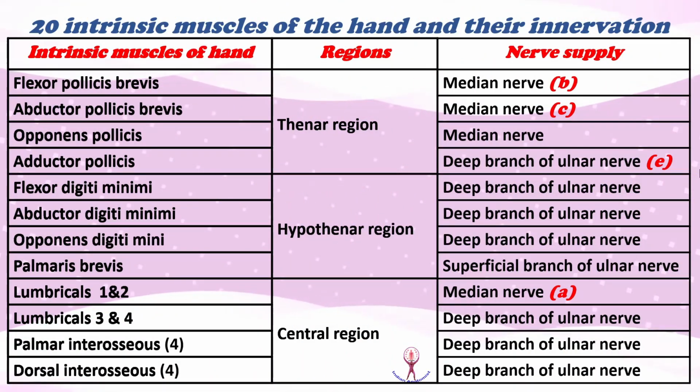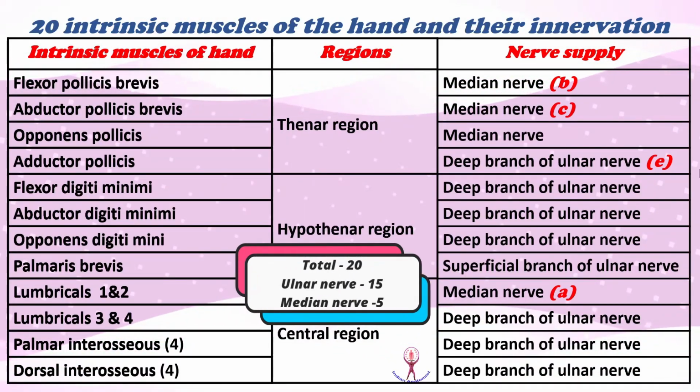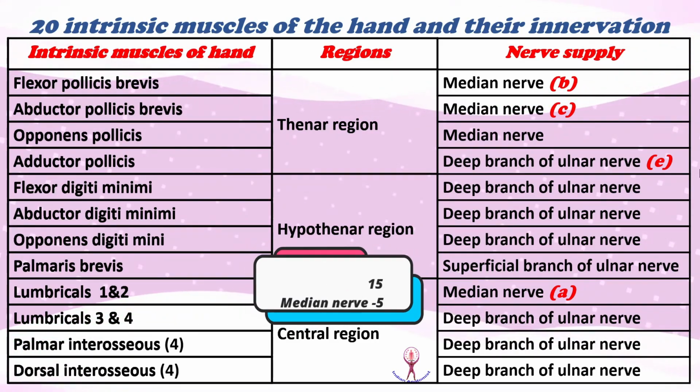Median nerve supplies first and second lumbricals, whereas the deep branch of ulnar nerve supplies third and fourth. All the palmar and dorsal interossei are supplied by one and only deep branch of ulnar nerve. So, the ulnar nerve supplies 15 of the 20 muscles, while the median nerve supplies 5.